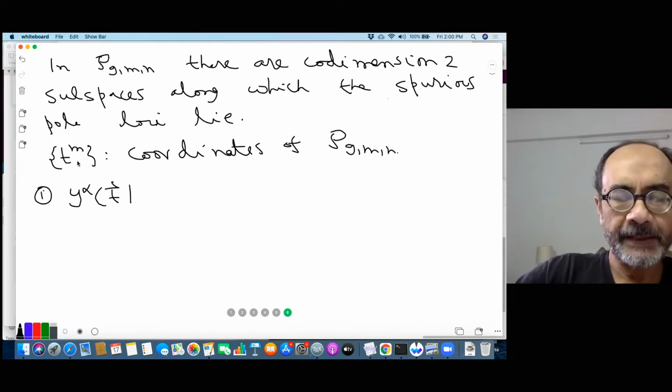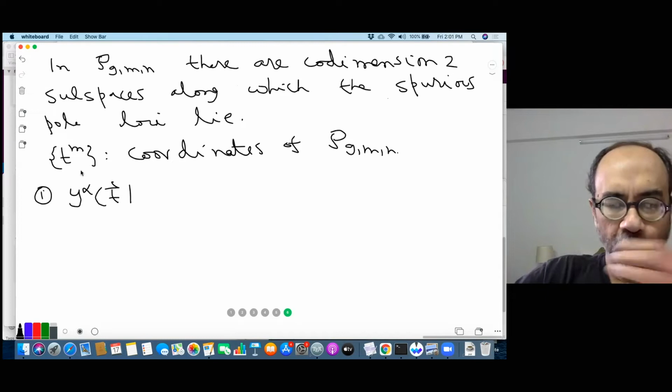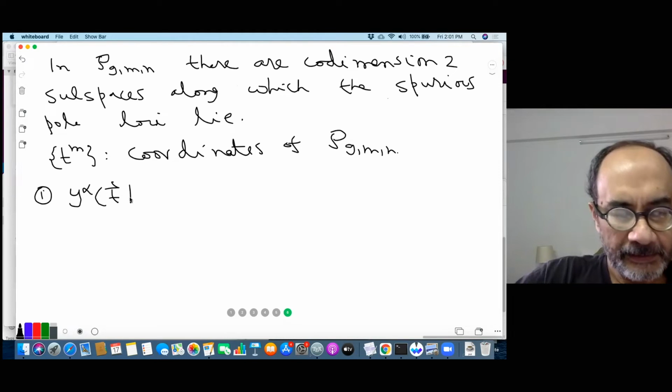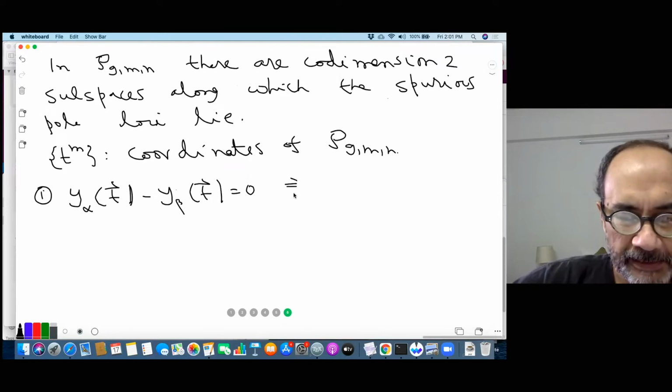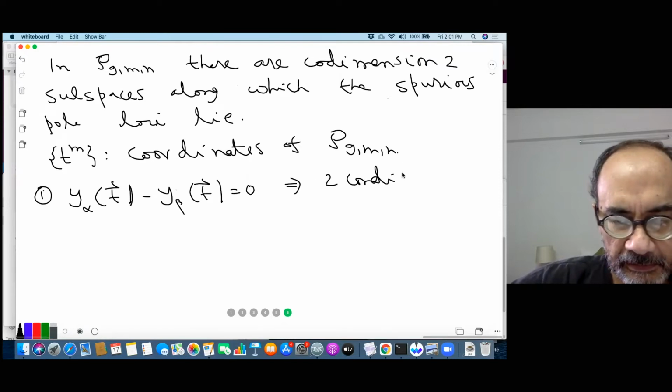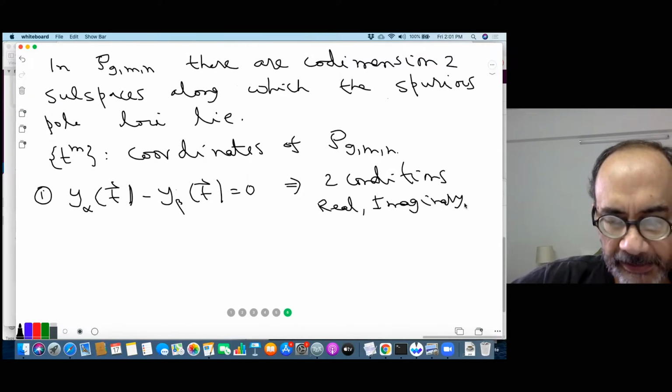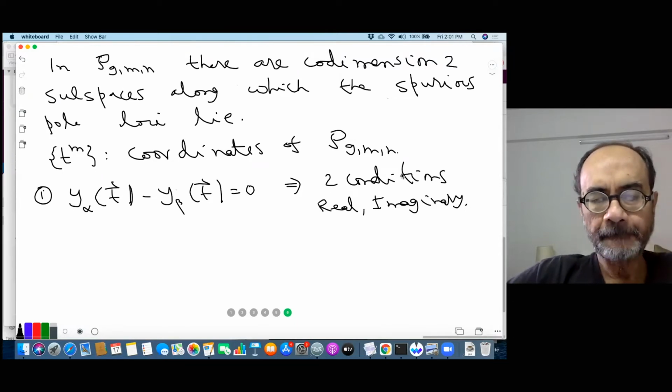Once you specify t, everything else is fixed: the locations of the picture changing operators, the moduli, the local coordinate choice, etc. So I should write this as y alpha(t) minus y beta(t) equal to 0. This is two conditions, because you have real part and imaginary part. It's a complex equation, so the real part and imaginary part have to vanish. So two conditions. So that's codimension 2.